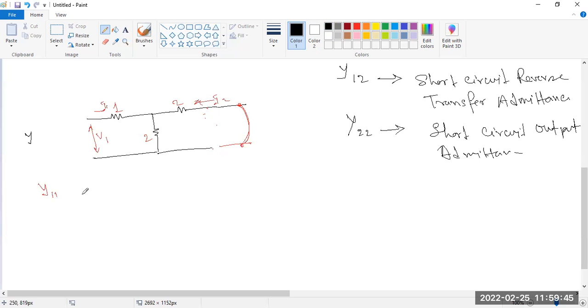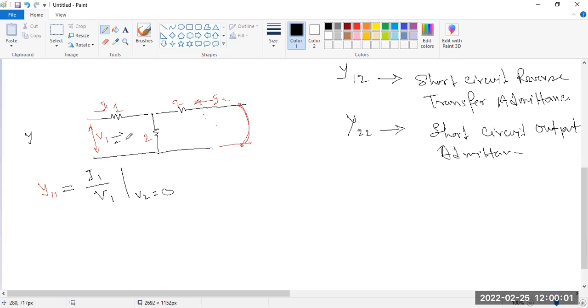Y11 is equal to I1 by V1 when V2 is 0. So we have to find the equivalent resistance.